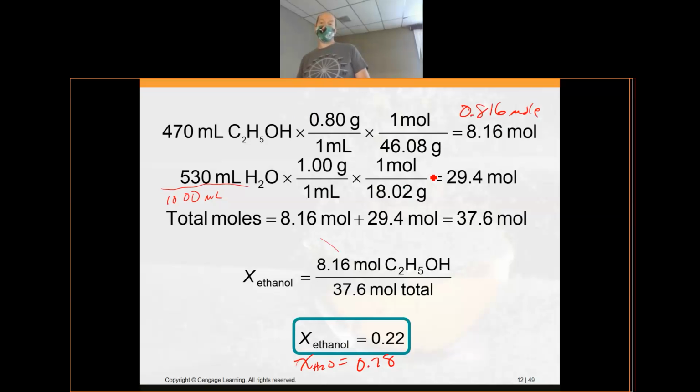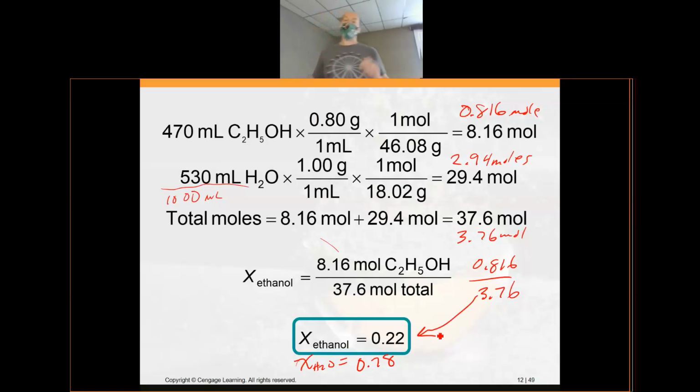And my answer is going to be 2.94 moles. And my addition of that is going to be 3.76 moles. And my mole fraction is going to be 0.816 divided by 3.76, which equals the exact same answer. It doesn't matter what size sample you pick. I pick 100 because it's a percent and it is very simple.